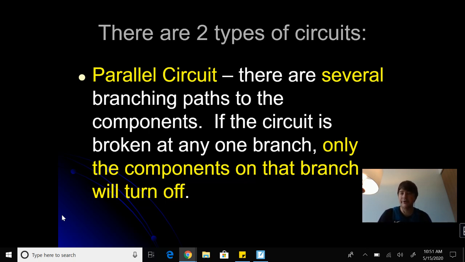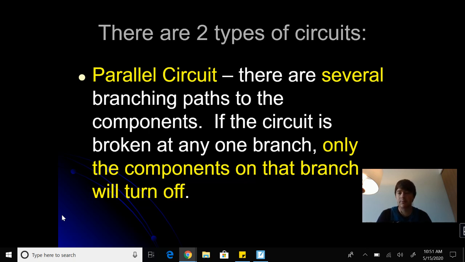When I turn my bedroom light off, that's not necessarily going to turn off all the lights in the house. Parallel circuit, great example is your house. I turn off my bedroom light, the living room light's still on, my roommate's bedroom light is still on, whatever. That is a parallel circuit.